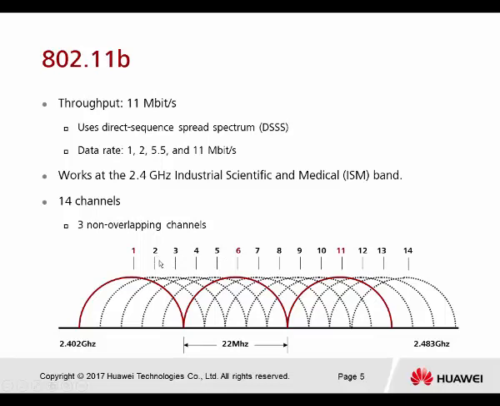If I'm going to use channel number 2, what will happen? My channel number 2 will use this range, and my channel occupies 22 megahertz. So I will get some interference with the channel number 1 user. To prevent this from happening, it's recommended to always avoid using adjacent channels. We use only the non-overlapping channels 1, 6, and 11.